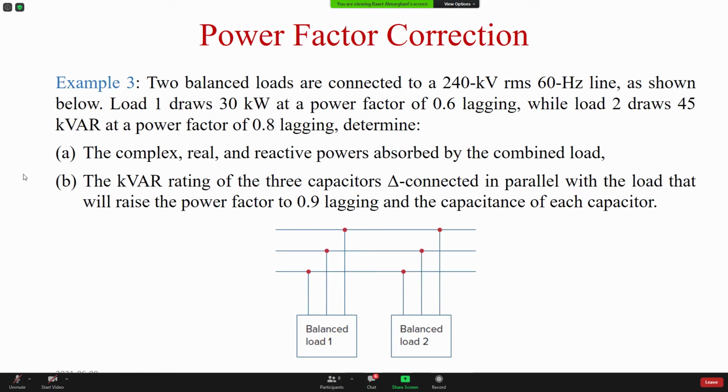So, the same thing. First, when we have more than one load, we're gonna combine them. What does that mean? We're gonna find the total P and the total Q. Then we're gonna look at the old system and the new system. We're gonna find Q new and Q old, which is basically this Q. The difference between them gives me QC.